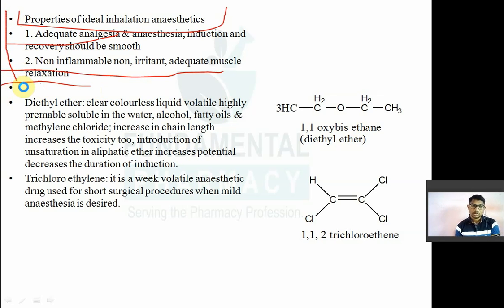Okay. So these points you have to remember. Ideal anesthetic agent should have adequate analgesia. It will produce adequate anesthesia. It will induce anesthesia smoothly. The patient should recover from anesthesia smoothly. It should be non-irritant to your GI, non-irritant to your respiratory tract. It should be non-inflammable. It should have adequate muscle relaxation so that the operation will be possible.